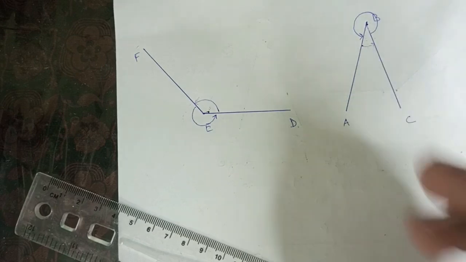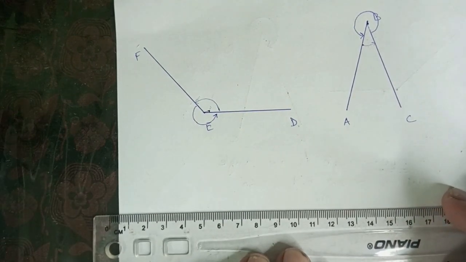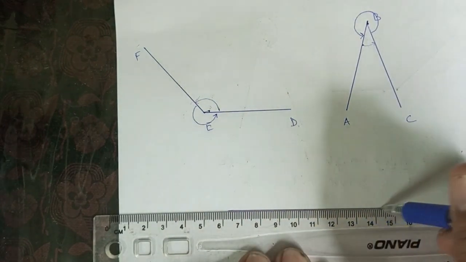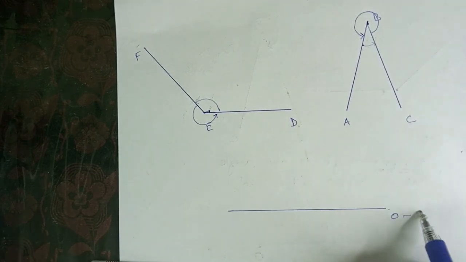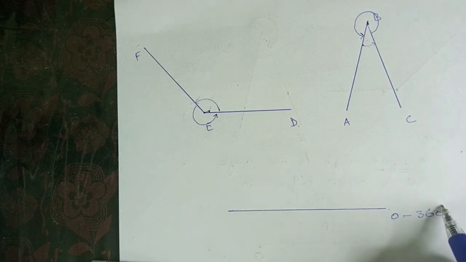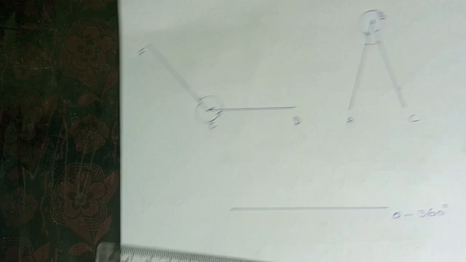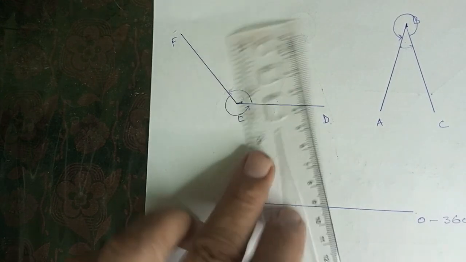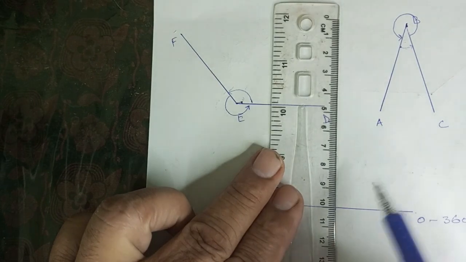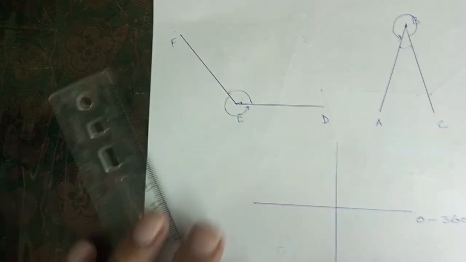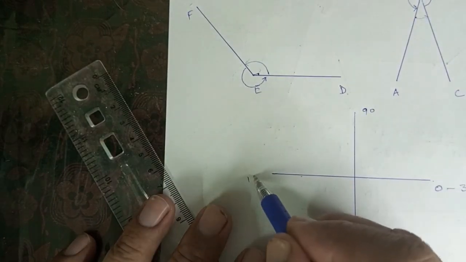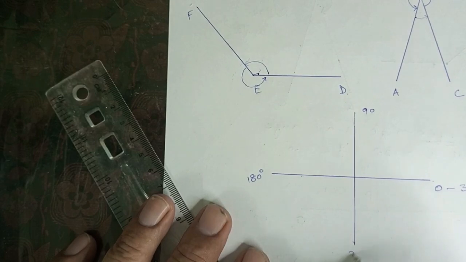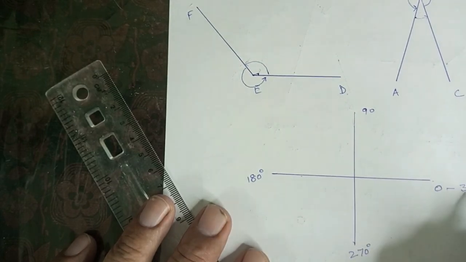Now you see, my dear students, that this angle is less than 360 degree. Let me elaborate it to you. If this is a line, now this point 0 is the starting point and it is also the end point for 360 degree. And if I draw like this, this is 90, 180 degree, 270 degree, 360 degree.